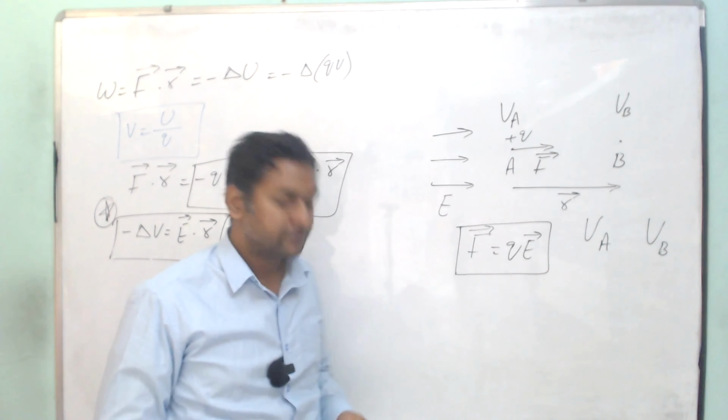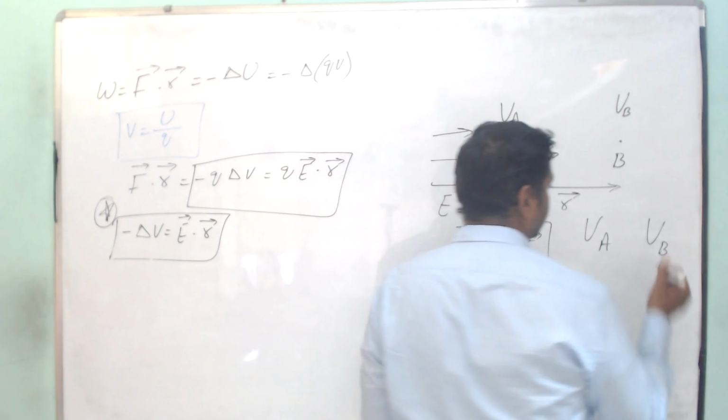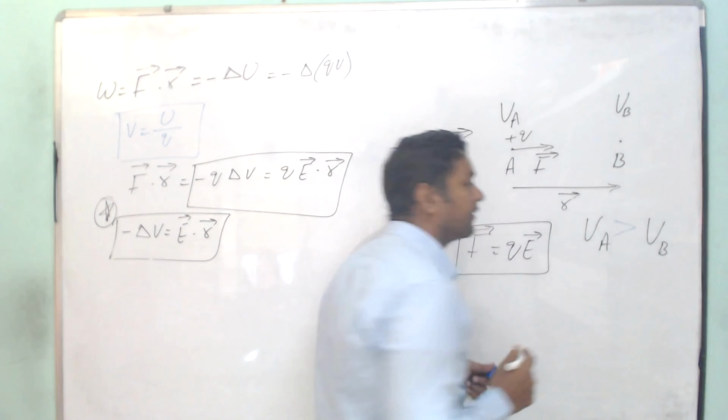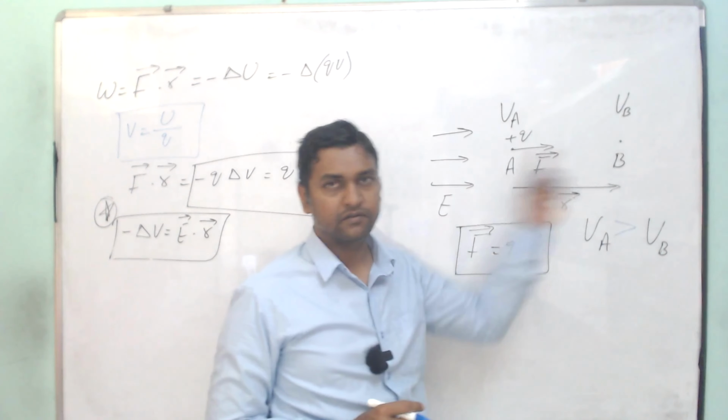So in this situation, we are saying that VA is greater than VB.